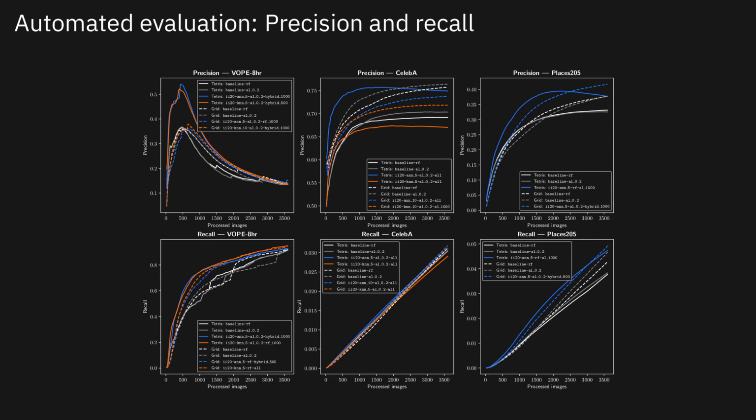We can see that II-20 most of the time dominates the baselines on both precision and recall. And we can also see that Tetris does quite well compared to the Grid in many cases, which validates its analytic benefit. So to answer the associated research question, we believe that II-20's approach is certainly valid and improves the state of the art.